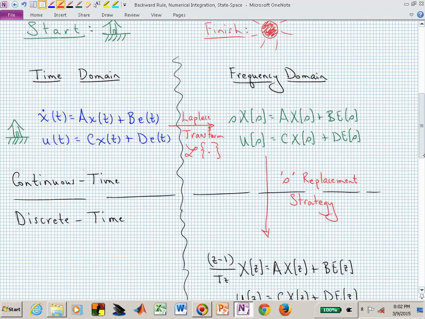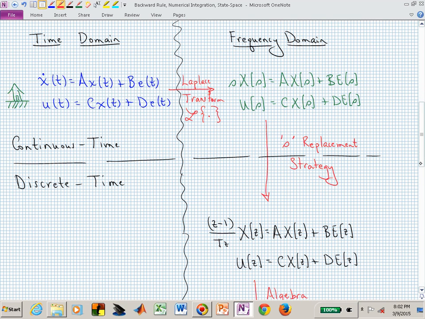We're still in the frequency domain. We've just now transitioned from continuous time to discrete by that discrete approximation of replacing s with this z expression. Is it clear where that first step came from, or we've now really done two steps? And this maybe gives you a better visual of, well, that was an interesting derivation.